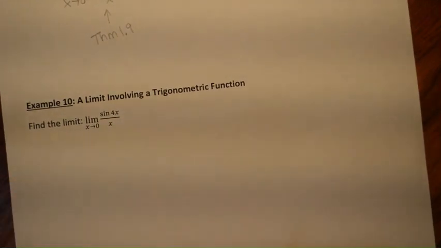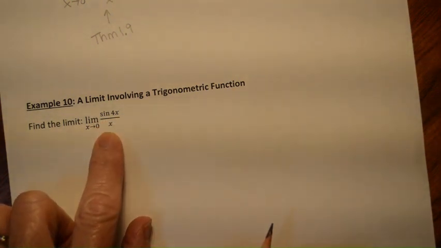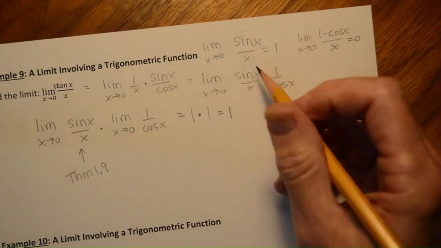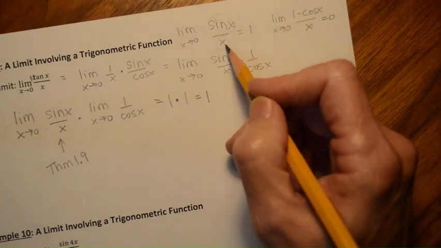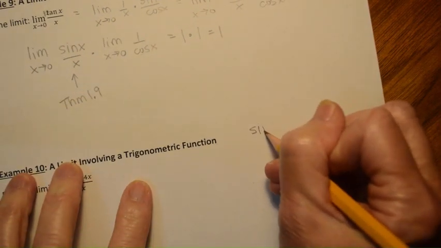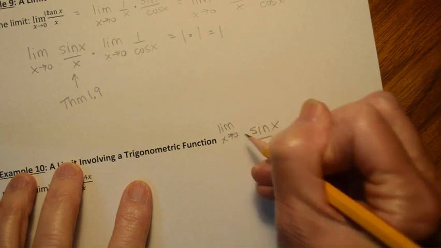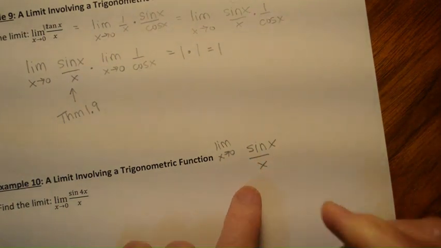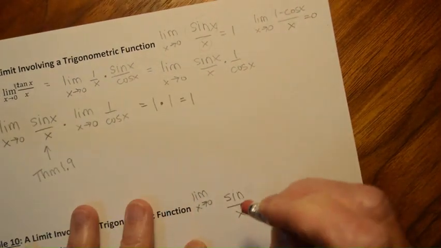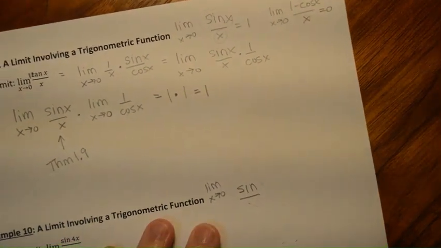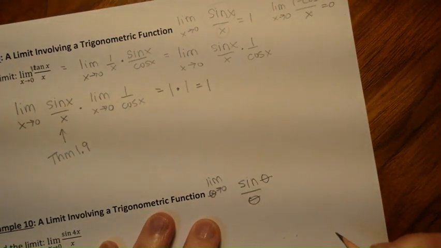Find the limit as x approaches 0 of sine 4x over x. You might think, dang, that's so close, but it's not what I want. Again, when they say sine x over x, that the limit of that as x approaches 0, x is just a random variable in here. We could put sine of theta over theta and change that to as theta approaches 0.